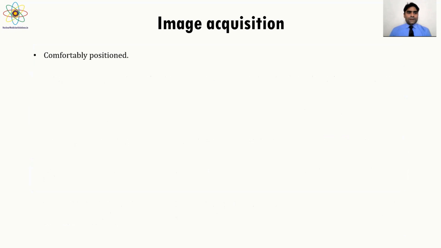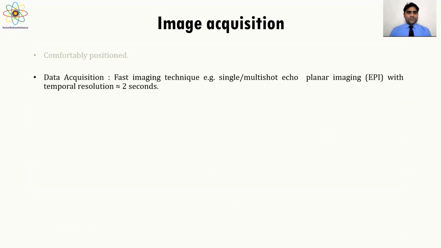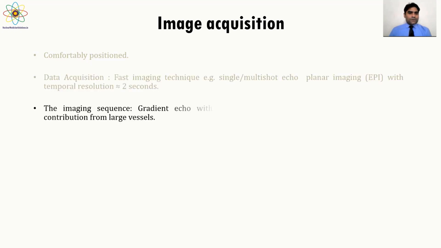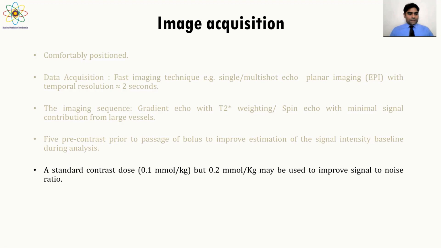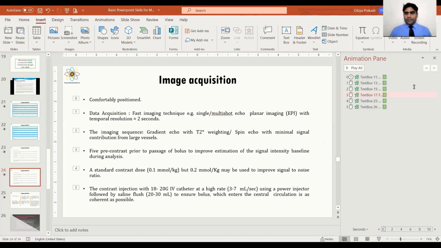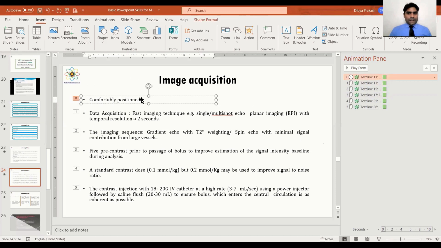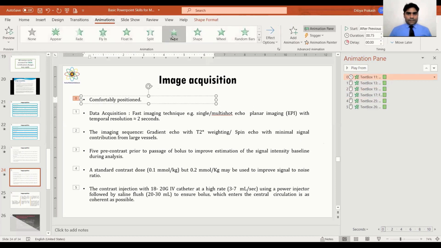Another way, you can shift the attention of the audience by dimming the previous line which you have already presented. And once you go to the next line, the attention of the audience shifts. How can we do this? Let me show you. I have set the animation to wipe. See, there is a wipe, with direction from left to right.